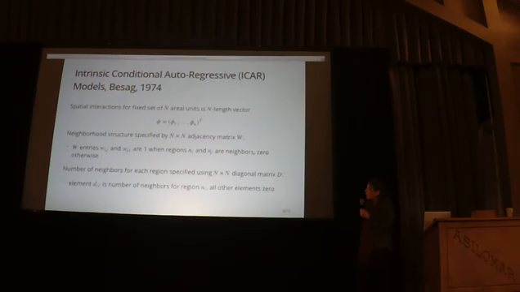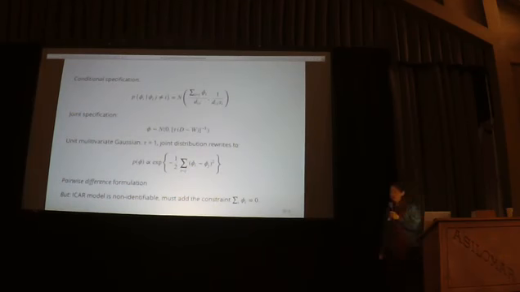And then you're also going to have a diagonal matrix D, which is telling you how many neighbors each region has. And the conditional specification shows you what's going on.